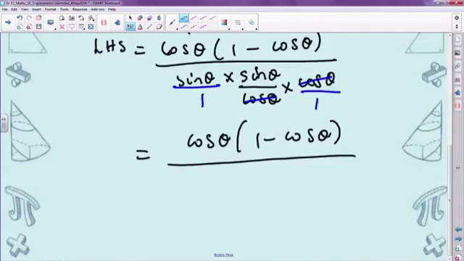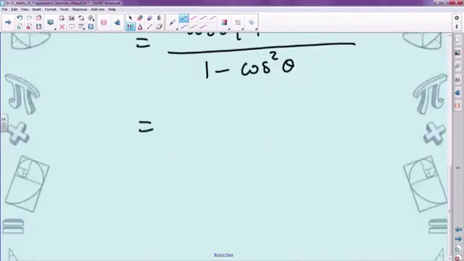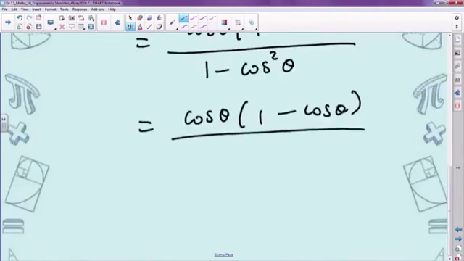Now, guys, the bottom, your denominator is sine squared theta, and you know that sine squared theta is the same as 1 minus cos squared theta. All right? Now, continue. That's cos theta, bracket 1 minus cos theta. You're keeping an eye on your right-hand side. I've got a 1 minus cos squared theta, which is the difference of two squares.